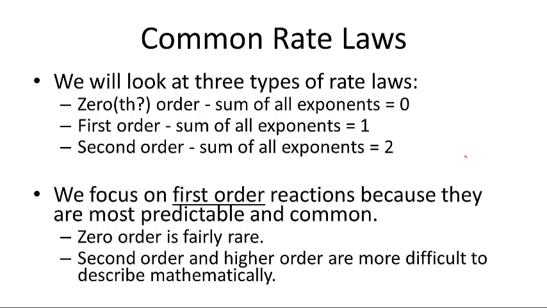That just means the rate is a constant number. You're not going to find that very commonly, but I cover it because it may come up here or there. We'll look at first order and second order as well. All right. First order are by far the most common. So I want you to be most familiar with those.